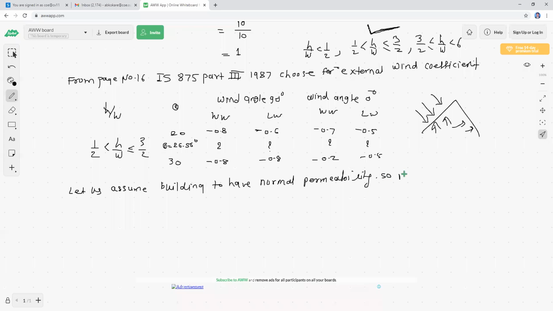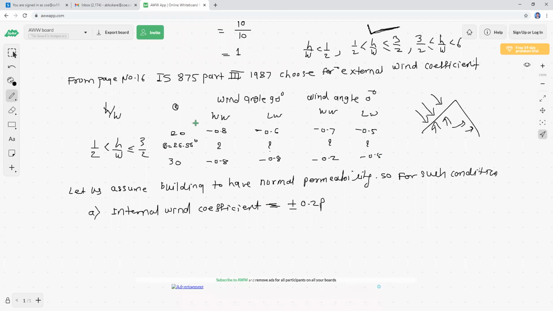So for such a condition, small a, internal wind coefficient is equal to plus minus 0.2 p.